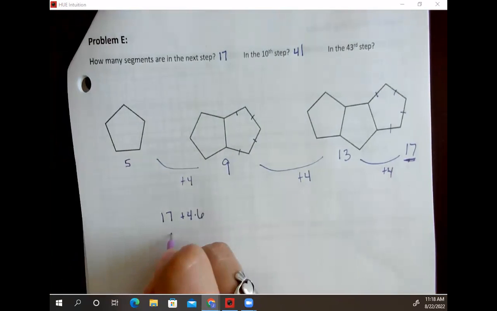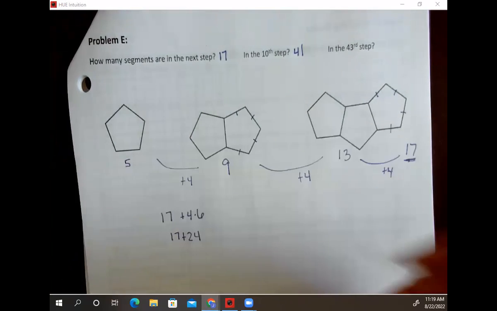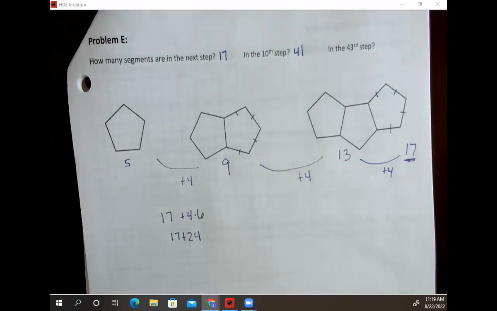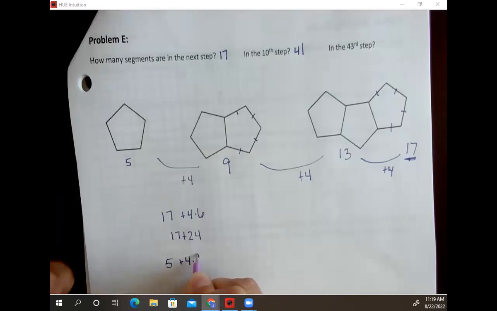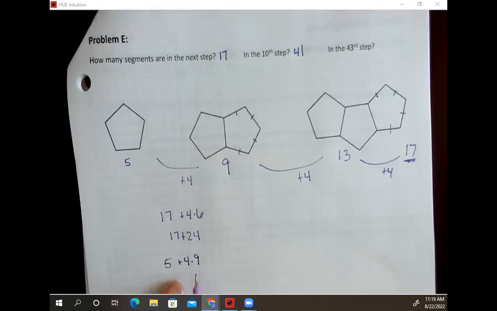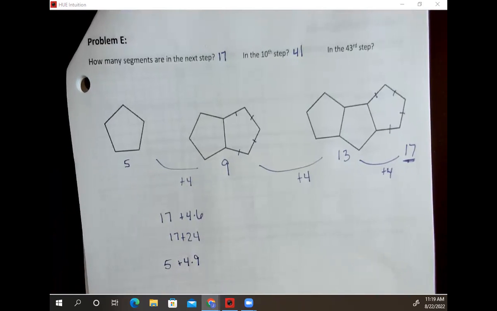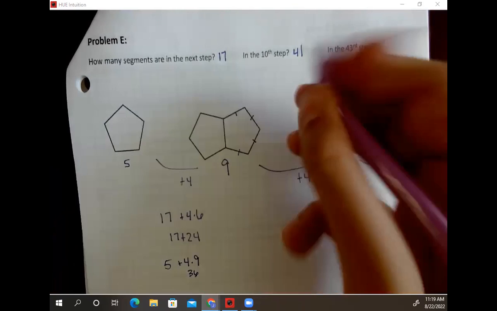Okay, so this would be 17 plus 24. That would get us 41. Or if we wanted to count from the beginning, I started with 5, and then I'm going to add on 4 9 times to get to the 10th step. Right? I started here. I need to go 9 more. That would be 5 plus 36, which would also give me 41.